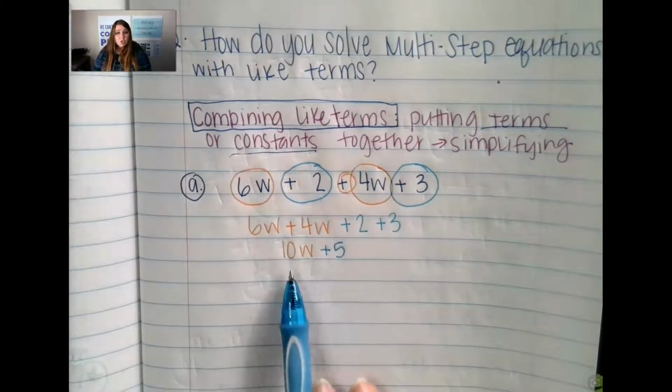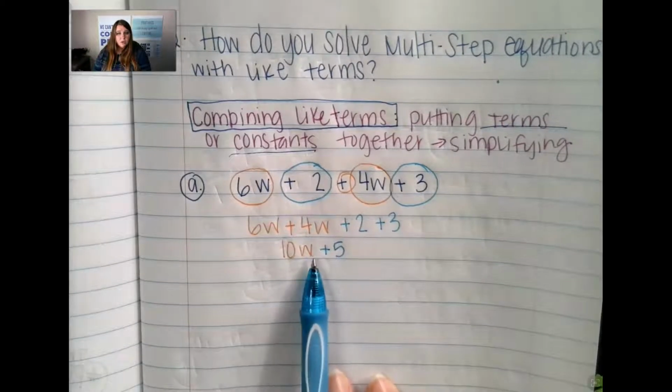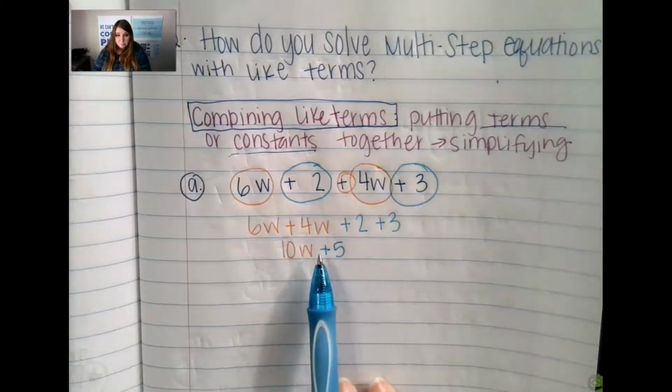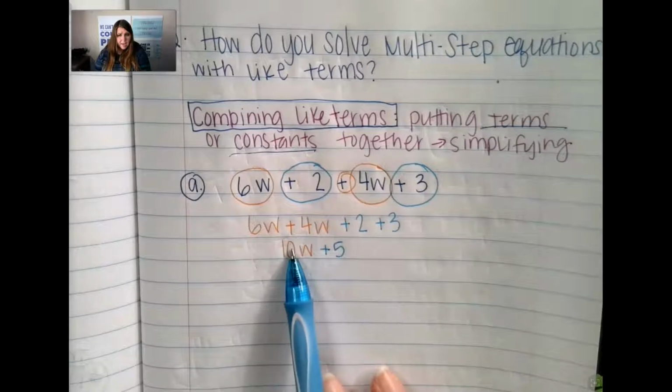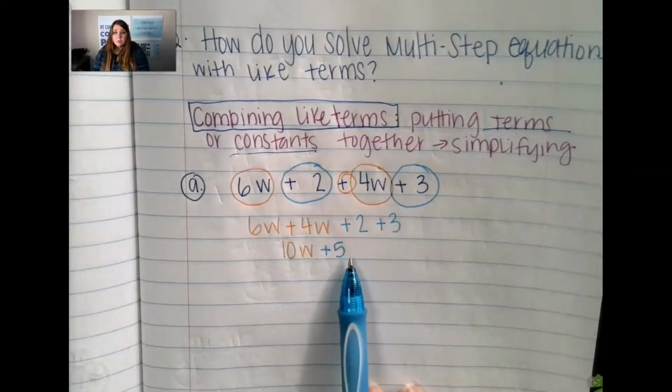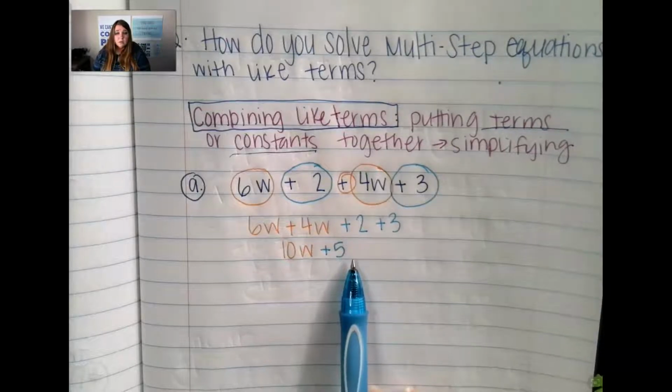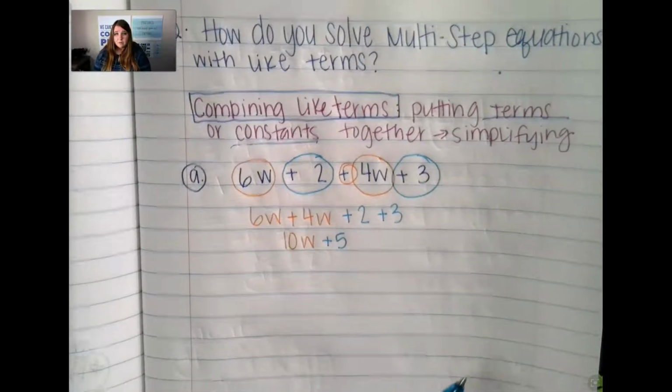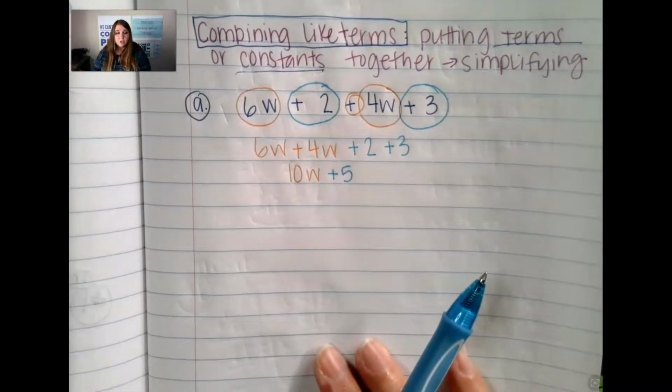These two things should not go together because we do not know the value of w. Because this has a w attached, it's not the same as this number that doesn't have a w attached to it. All right, so that is combining like terms.